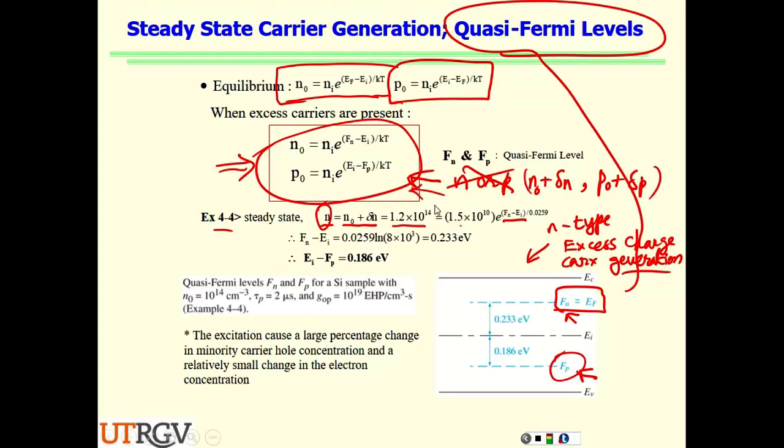So you have to remember, when you see a question in the exam or when you are solving a problem for homework, you have to see if there is an optical generation, electron hole formation happening. If that's happening, then this is the thing that you have to use to calculate the Fermi levels, right?